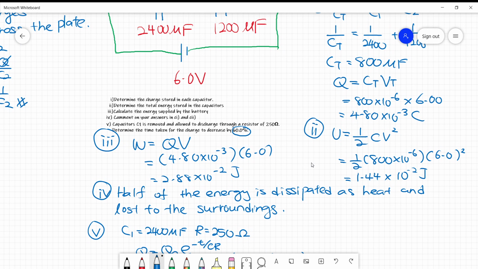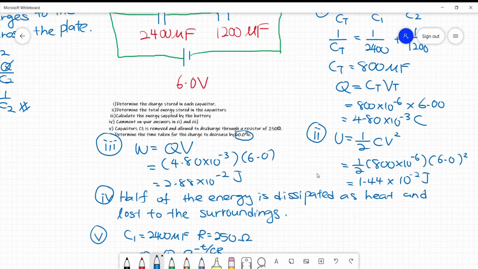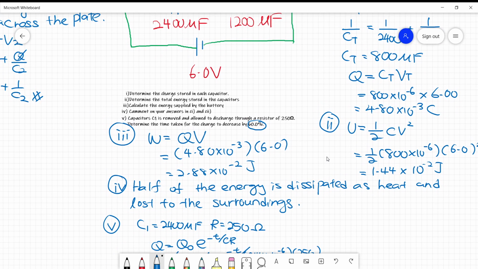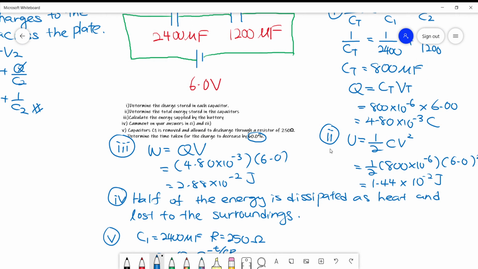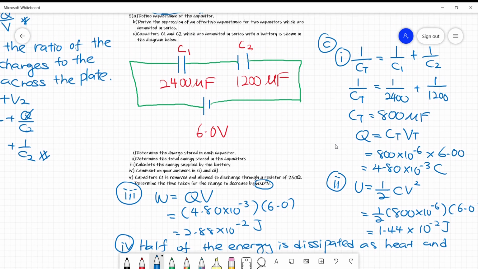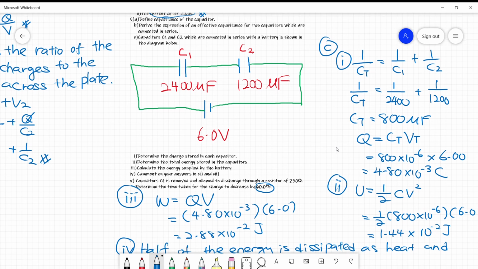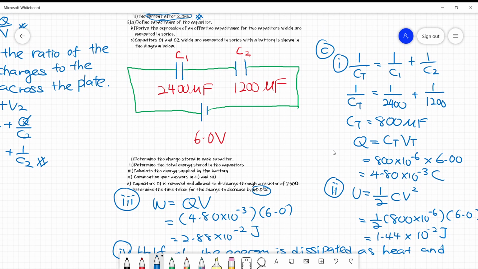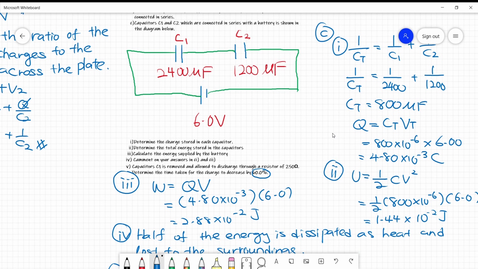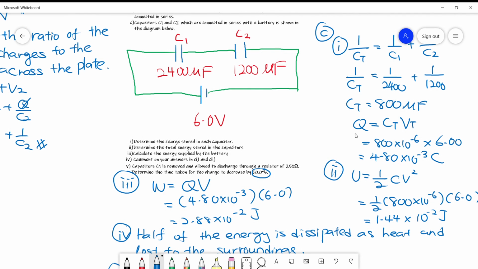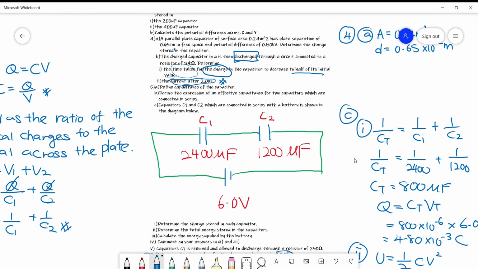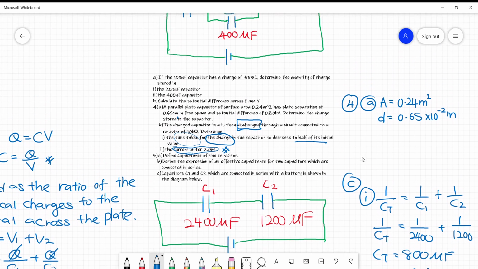I think the most confusing part is the charging and discharging circuits, and the rest is okay. If we understand the concept, we are able to do it step by step according to the formula that we learned. Alright, so that's it for all 5 questions.